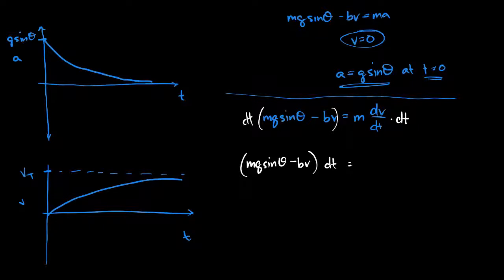The other side of the equation is just going to be m dv. The reason we do this is we can integrate both sides of an equation. Meaning I can apply the integral to both sides, which will give me an expression over here in terms of v and an expression over here in terms of t. Thus, I can solve for v and get v as a function of t.